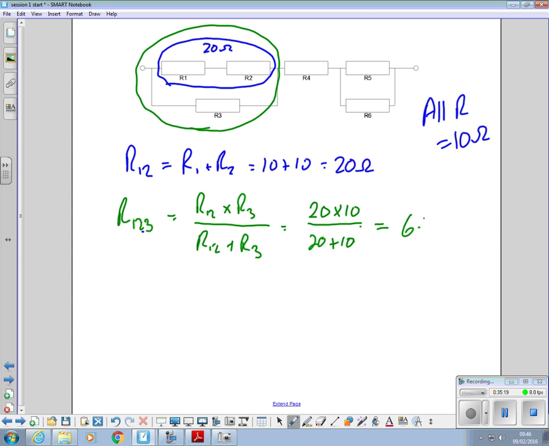I'd say 6 1/3 myself, a better way would probably be to write 6 1/3, but we'll leave it at that. That's near enough, ohms. So that's the total resistance of that whole part. It includes R1, R2 and R3. Next bit.